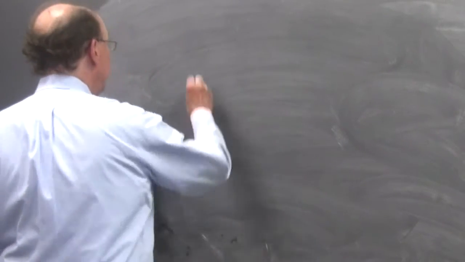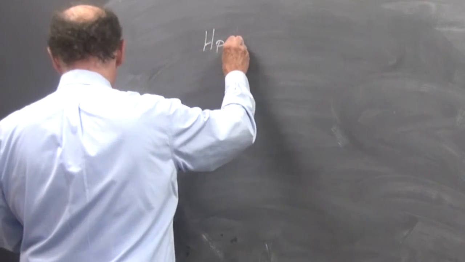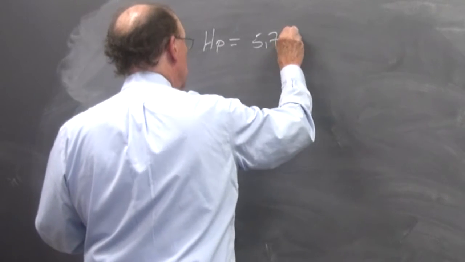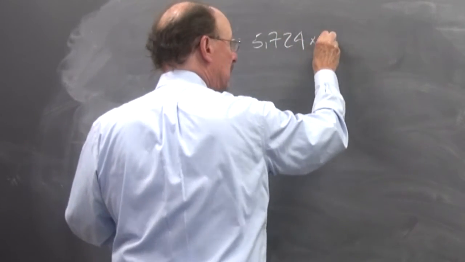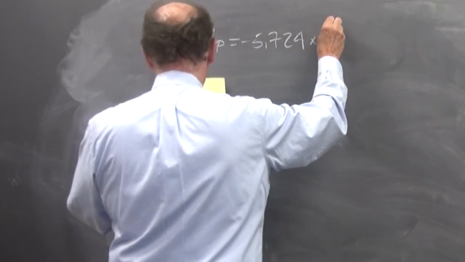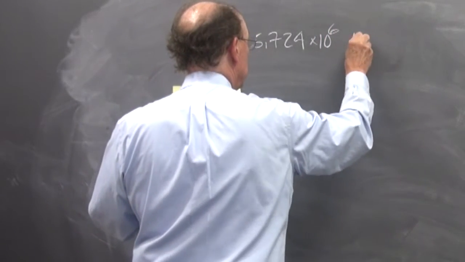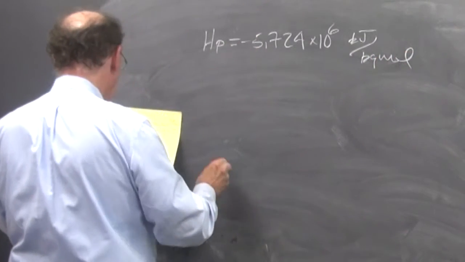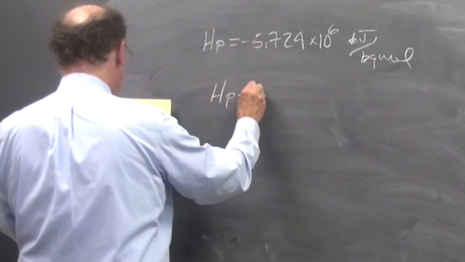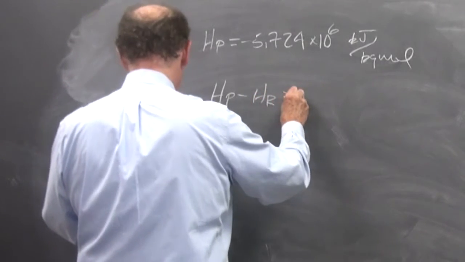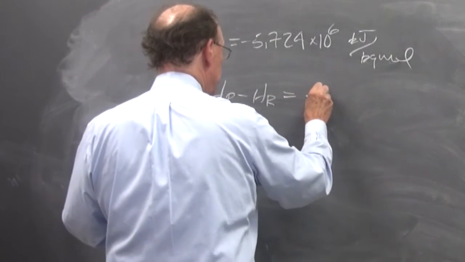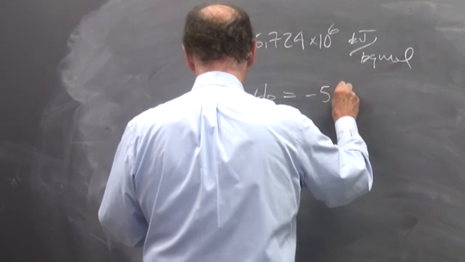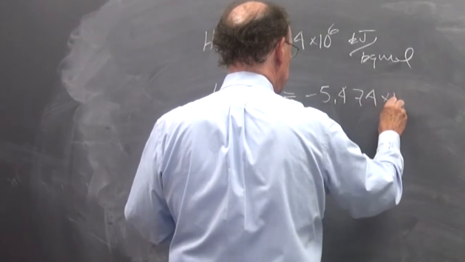I have that H sub P is equal to minus 5.72724 times 10 to the 6 kilojoules per kilogram mole. And I have that H sub P minus H sub R is equal to minus 5.474 times 10 to the 6.